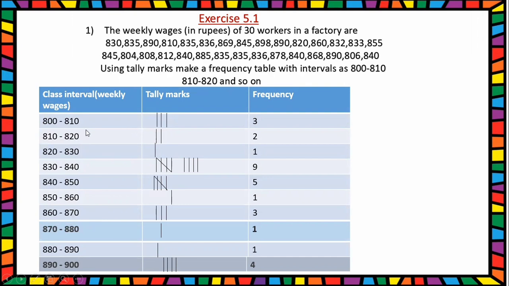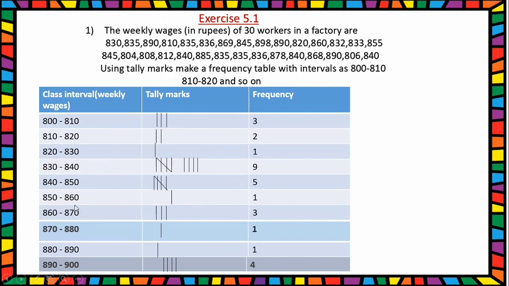Then the tally marks: in the first class interval, 3 are getting rupees 800 to 810. 2 are getting 810 to 820. Only 1 is getting 820 to 830. 9 are getting 830 to 840. 5 are getting 840 to 850.